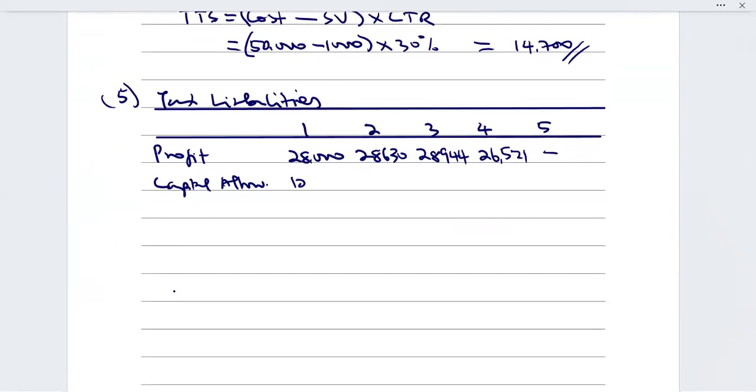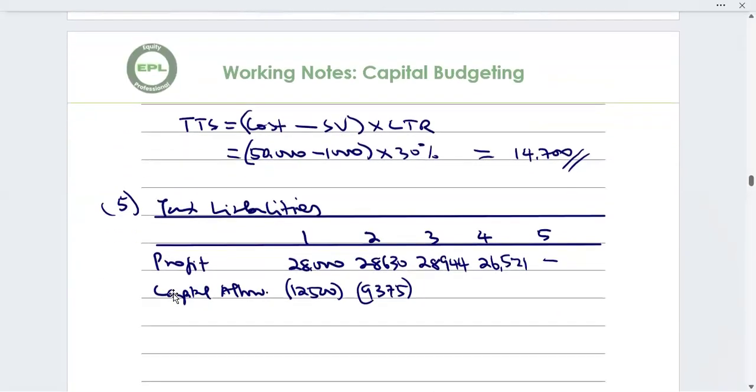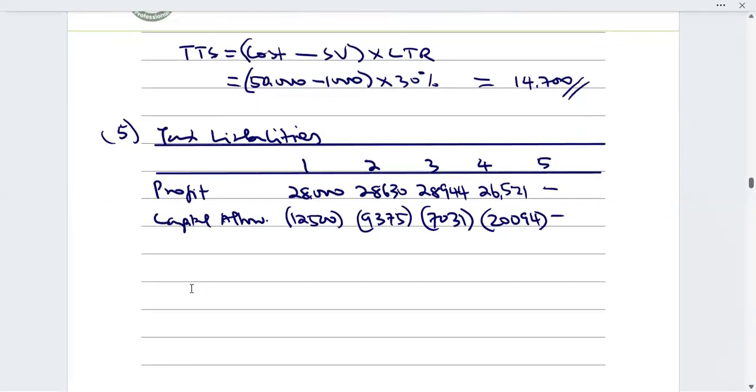For the second year is 9,375, then 7,031, then 20,094. All right, so this will give me taxable profits.